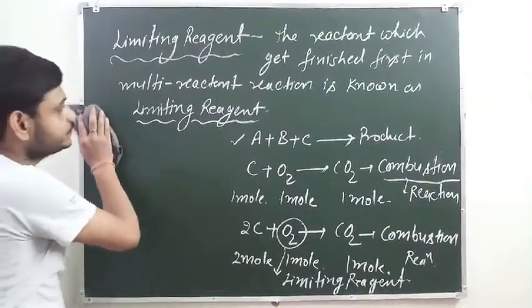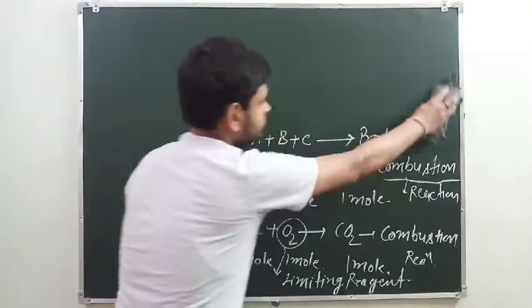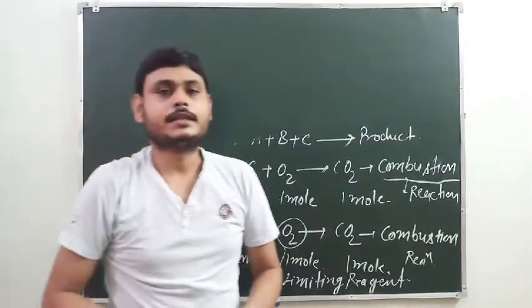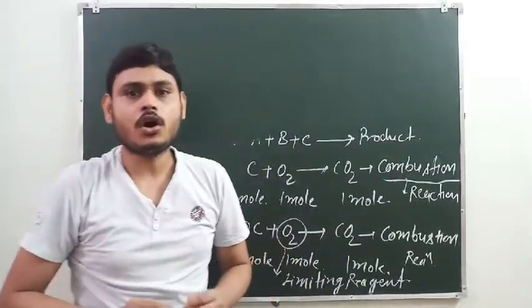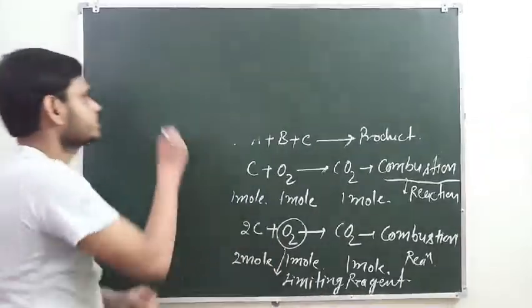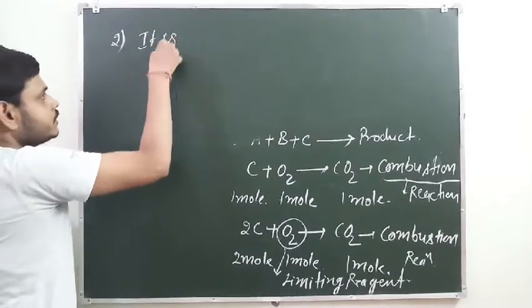The second point is the limiting reagent is always less than the required amount.